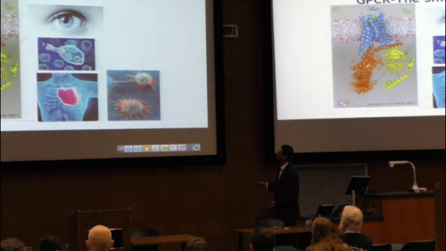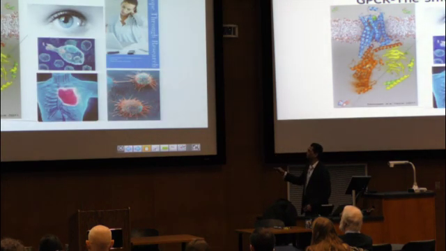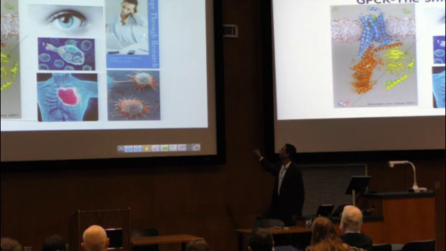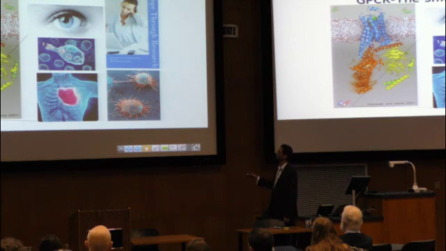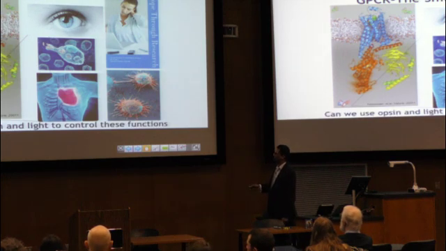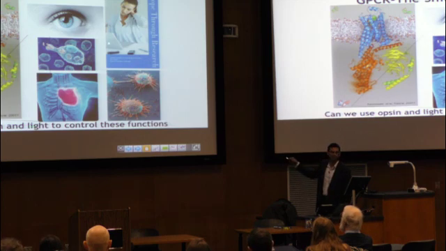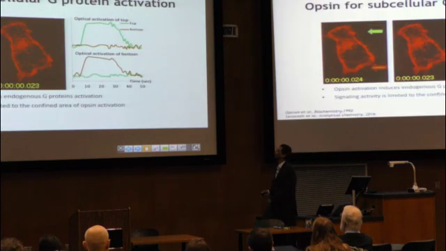By doing that, they control a variety of different processes, from vision to immune response to cardiovascular, pain, addiction, and disease processes including cancer. So it's very, very crucial we understand how these receptors work. So the idea is, can we use light-sensitive GPCRs, we also call them opsins, to control these functions? That's the ultimate goal.